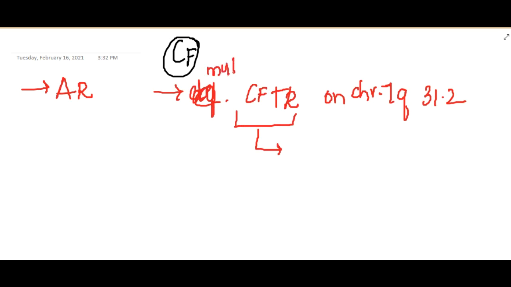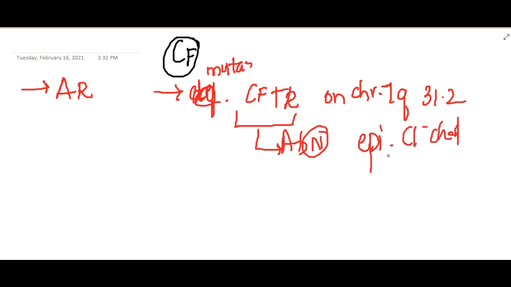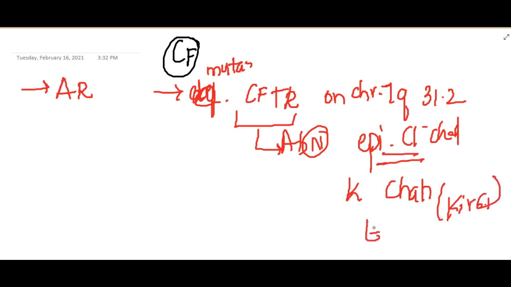This mutation causes abnormal functioning of epithelial chloride channels. So the problem here is in the chloride channels, and it also causes defects in the potassium channel, that is the KIR 6.1 potassium channel, or there can be a defect in the epithelial sodium channel also.